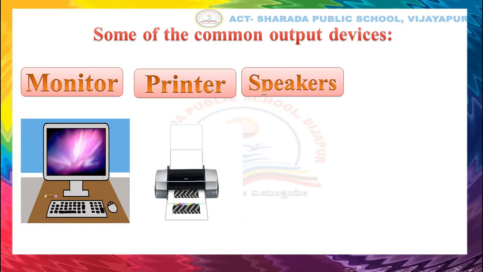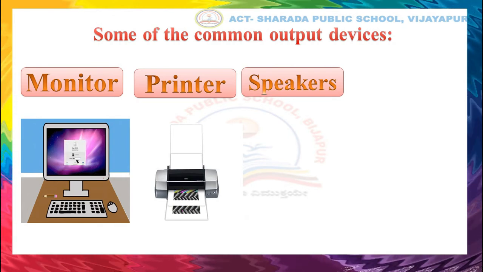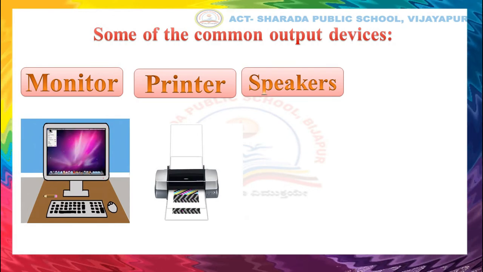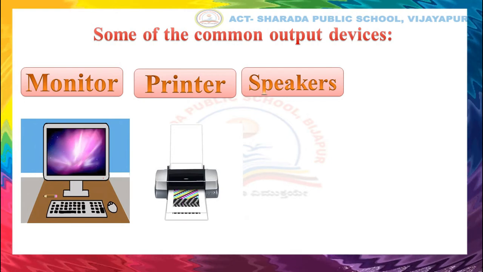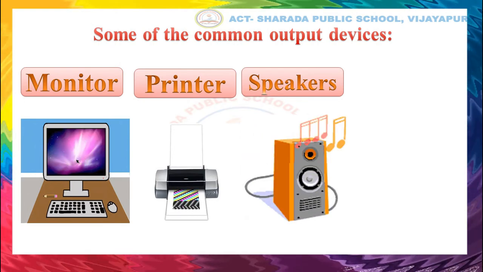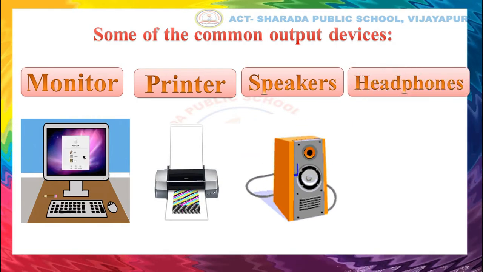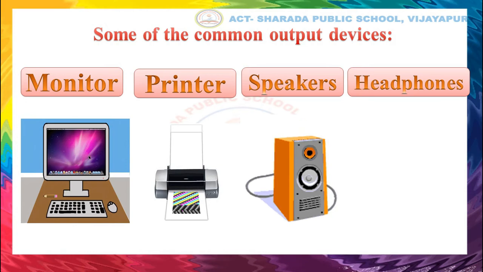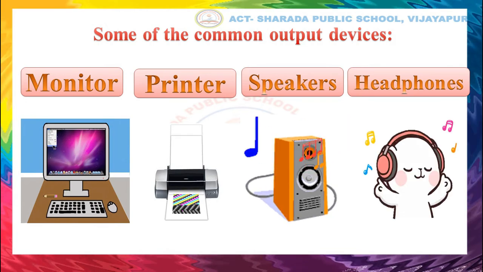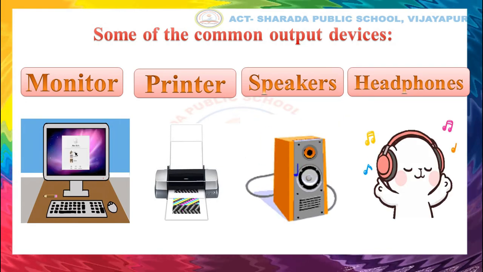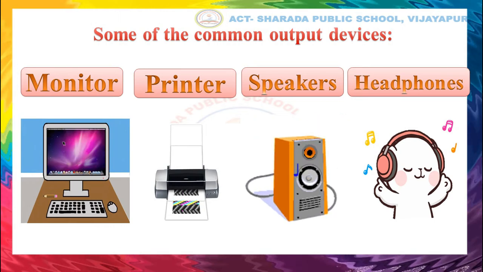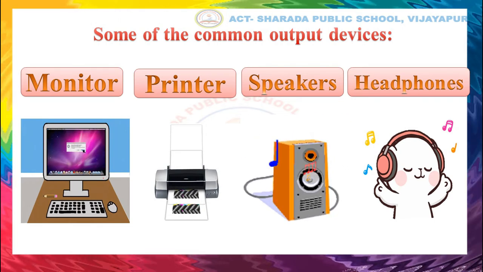Third one, speakers. We hear the songs from the speakers. So, speakers are output devices. Fourth one, headphones. Headphones are used to listen to sounds from a computer. So, headphones are output devices.